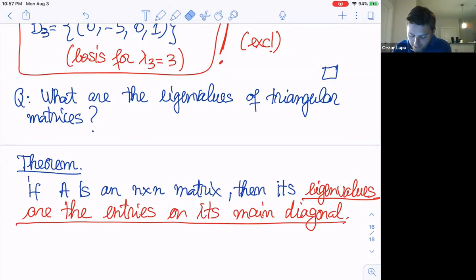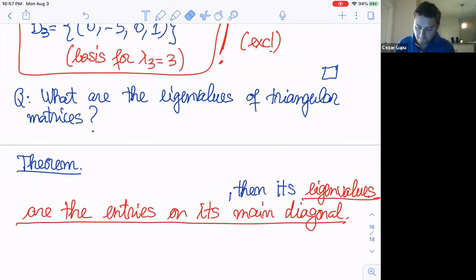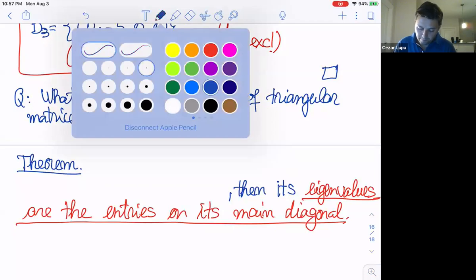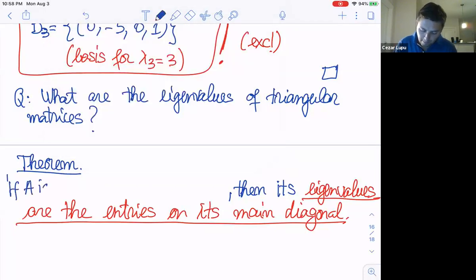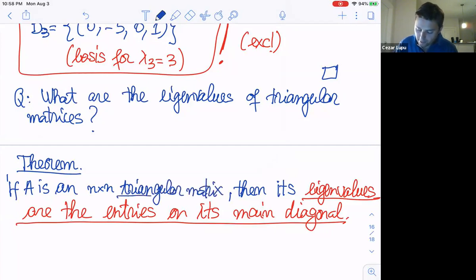I forgot one word: if A is an n by n triangular matrix, that's the word I forgot, triangular matrix, then its eigenvalues are the entries on its main diagonal. Is that simple? Let me give you some examples.